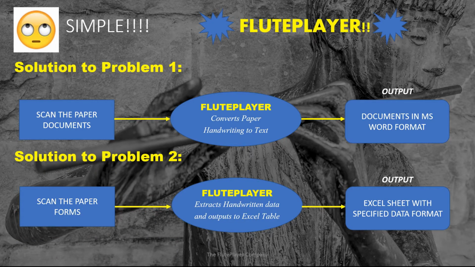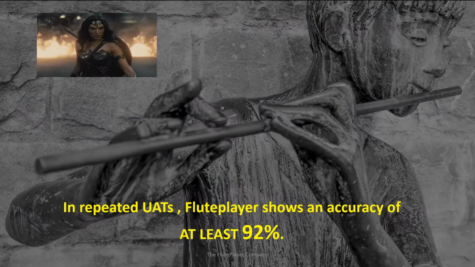The solution to problem 2, again scan the paper forms, pass them through Fluteplayer. Now you have to specify what kind of table you're looking for in the output, and that is where a slight customization is required. Now mind you, it's very slight, it's not anything complex, but we have to customize how the table looks based on the specifications that you provide.